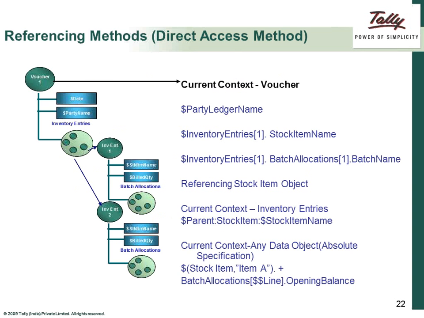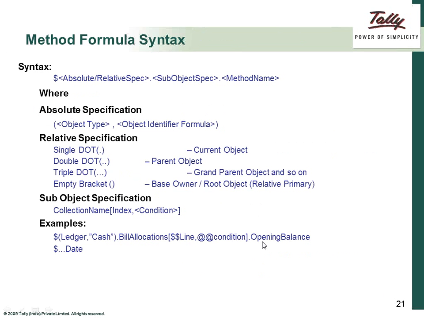Now this dot that you see before opening balance, this is what is understood to be the method name. If I had a dot after this, it would have understood that this opening balance is another collection. So the last one that you have is the method. So how do we read it?